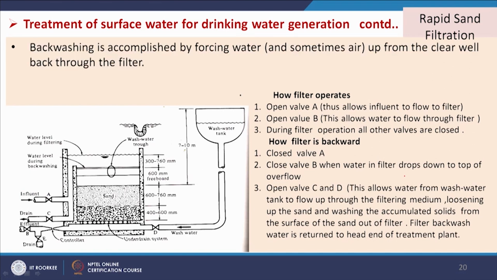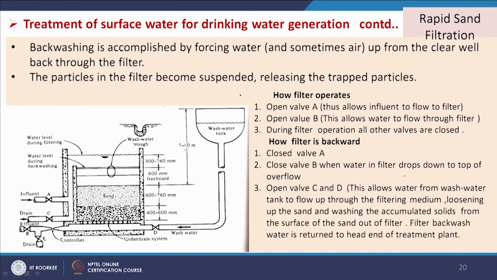And now for the washing, say we have a sand filter here. So, this is our influent. It will come here and go through it, and after treatment it goes through this, that is B. So, this is our normal course of operation, but when we see that some pressure drop has occurred and we need to wash it, we will be taking wash water.